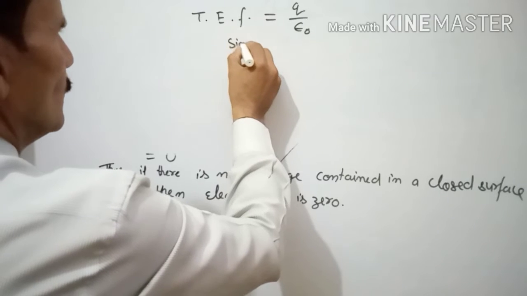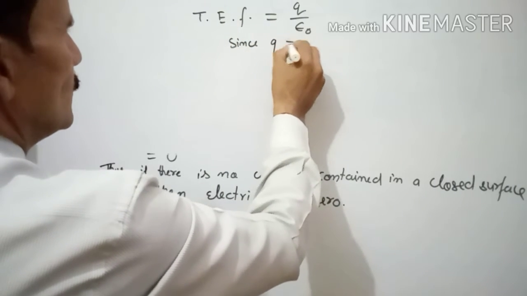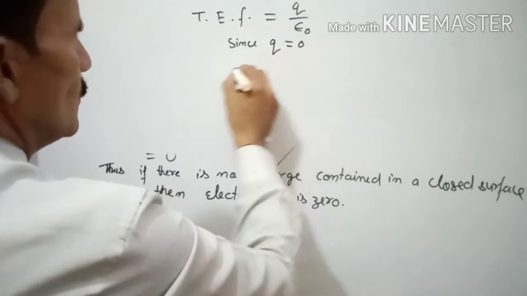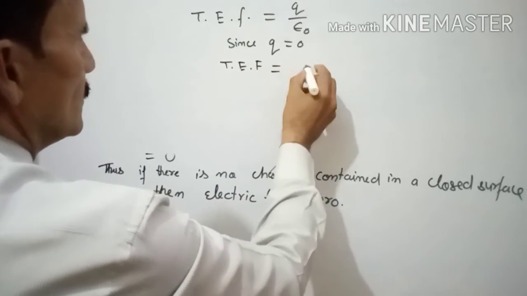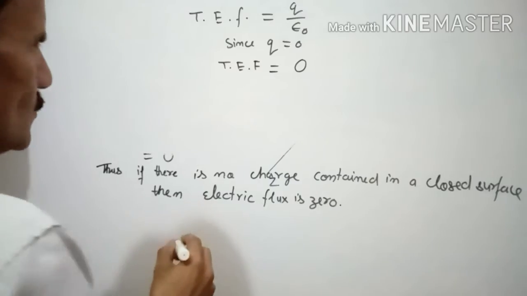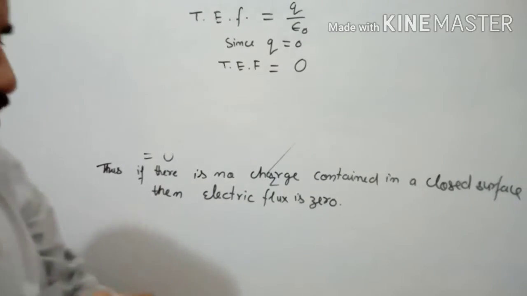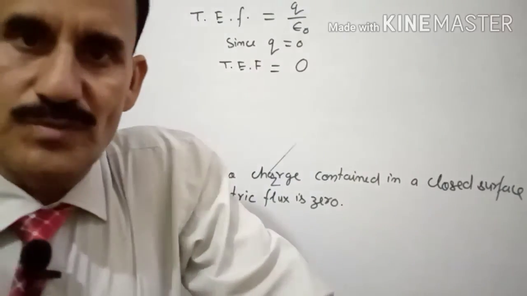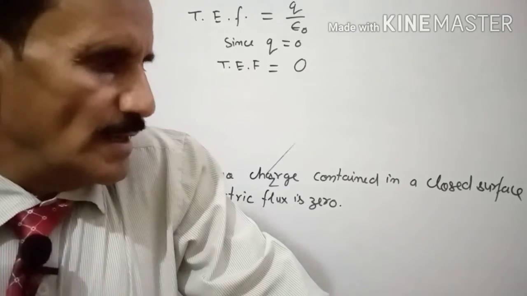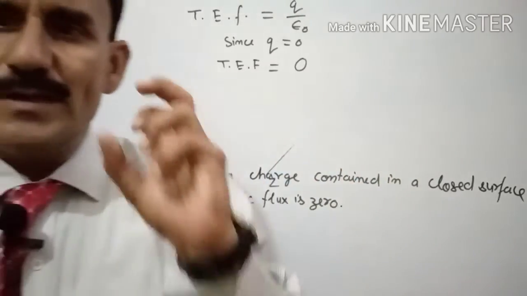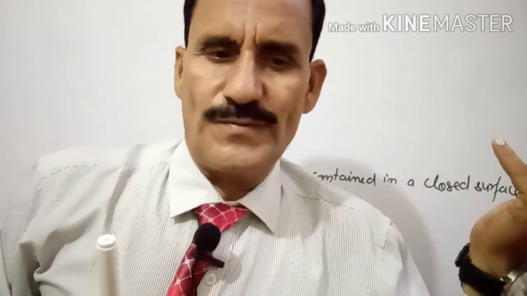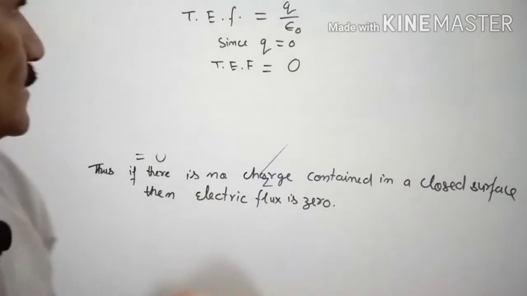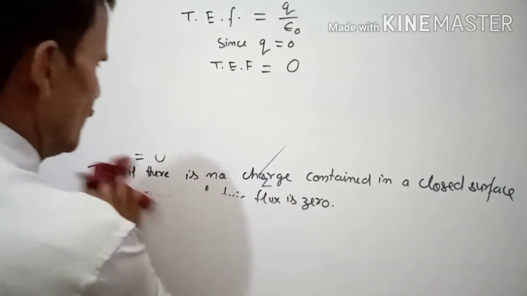Since Q is 0, therefore the total electric flux is equal to 0. So with this example you can prove the Gauss law. It is giving you proof. If there is no charge contained in any closed surface, then the total electric flux is always 0.